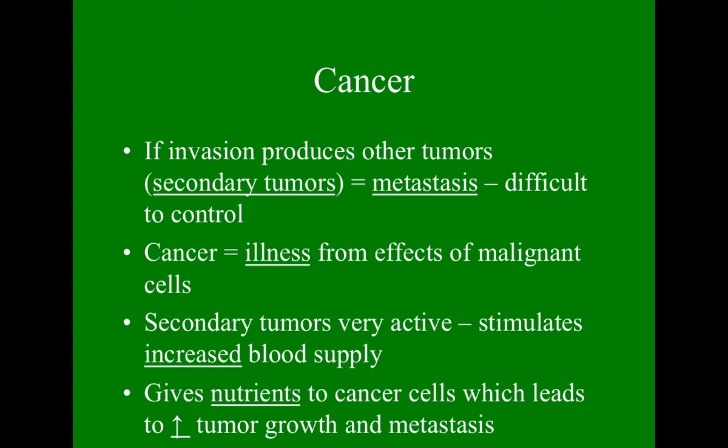And like I said, metastasizing means it can really be anywhere in the body. You can start off with, let's say, a tumor of the ovary, and it can spread to the lungs, the spinal cord, the brain, the colon. Once it metastasizes, it can be very, very difficult to control.